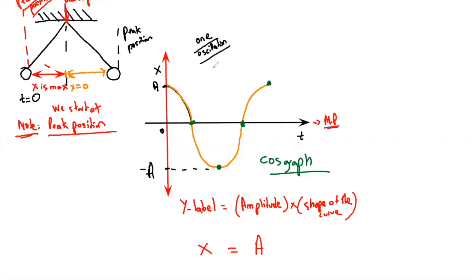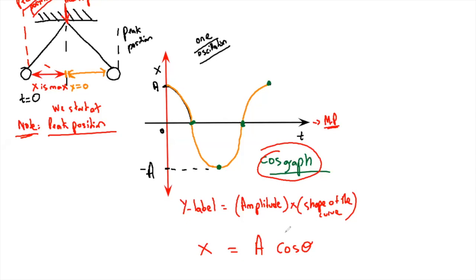The shape of this curve is cos theta. This is the cos graph. So whenever you have a graph for which at time equal to 0 you have the maximum y, that's your cos graph.